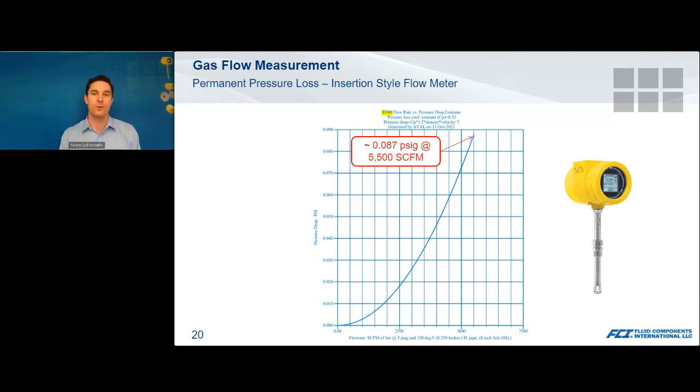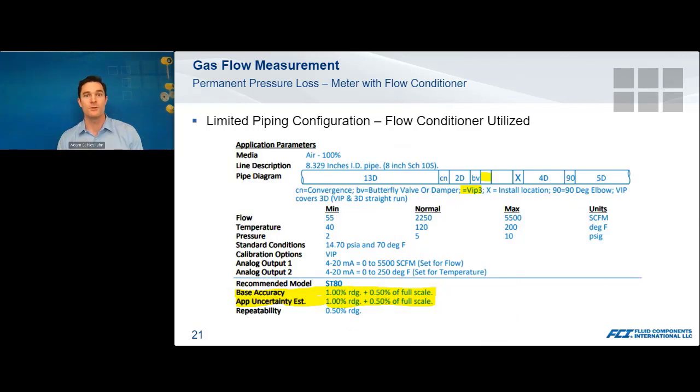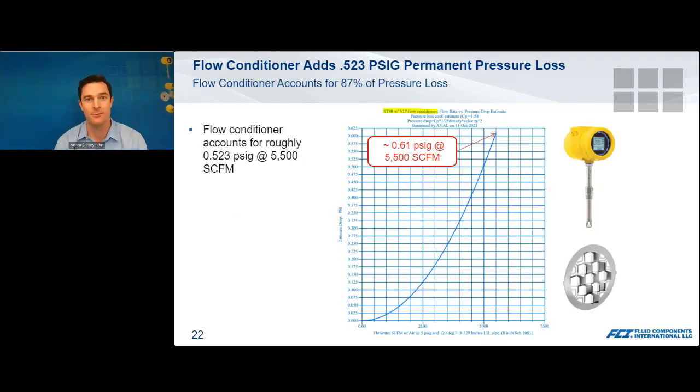So without a flow conditioner, without the VIP plate, our insertion type meter and many of its type, the pressure loss is almost negligible. It's about 0.087 psig at a flow rate of 5,500 SCFM. When you add in the VIP plate, it increases to a still very manageable 0.61 psig at 5,500 SCFM.